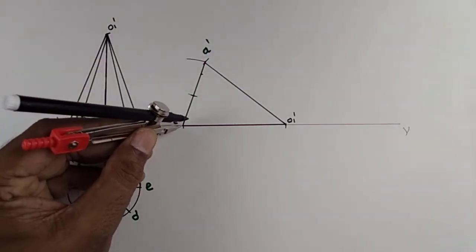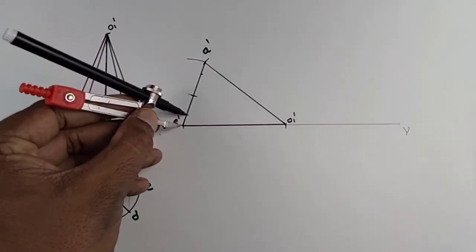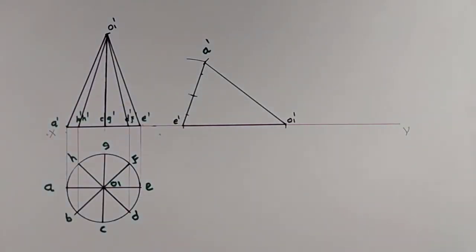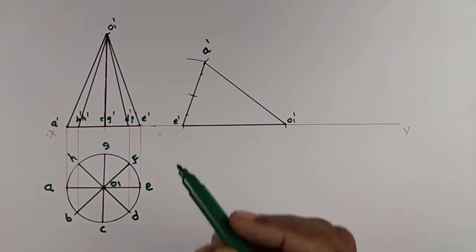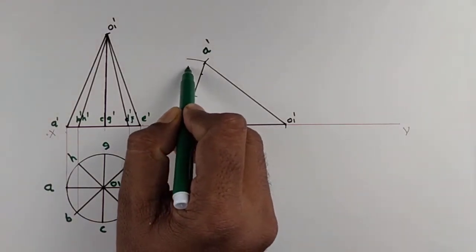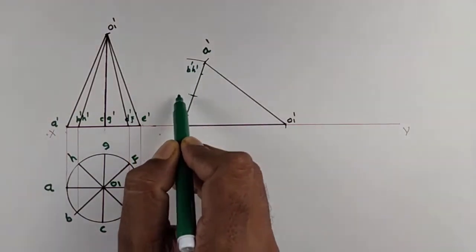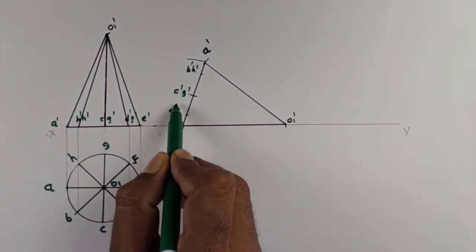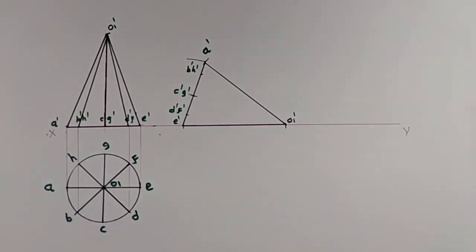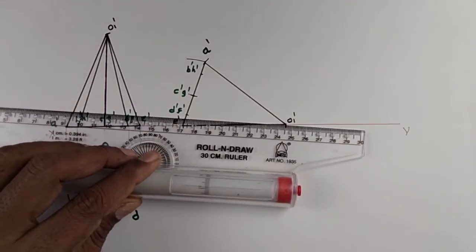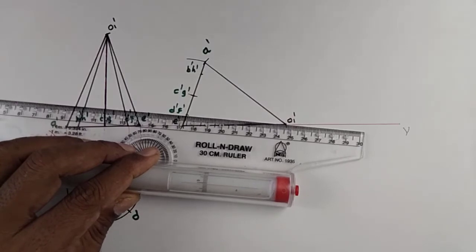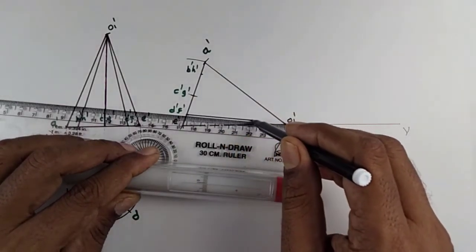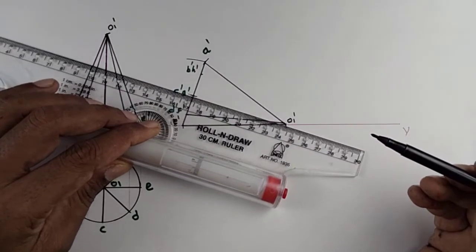Similarly, from E dash with the same radius, you can mark D dash F dash. So this is our B dash H dash, this is our C dash G dash, this is your D dash F dash. You can join them with the apex and show the position of all generators. All are full dark lines.